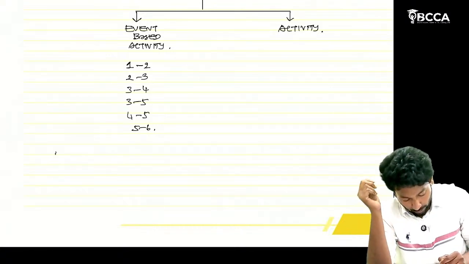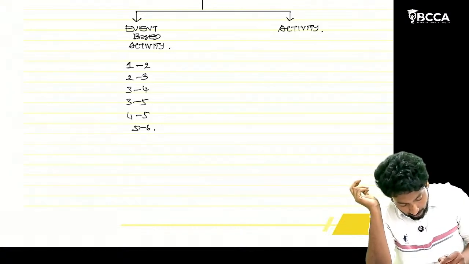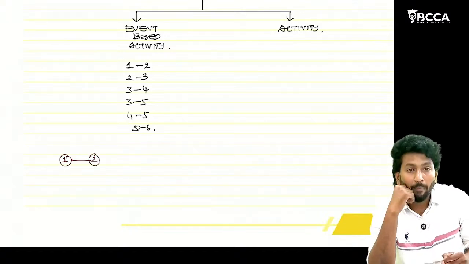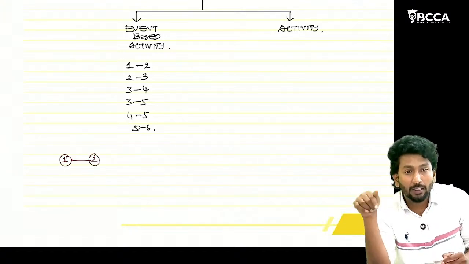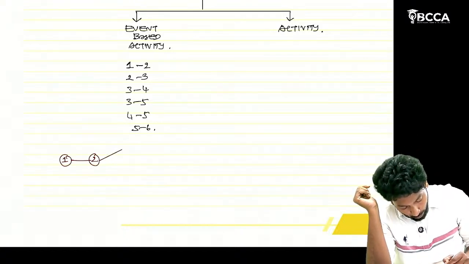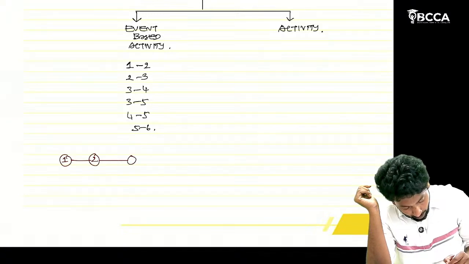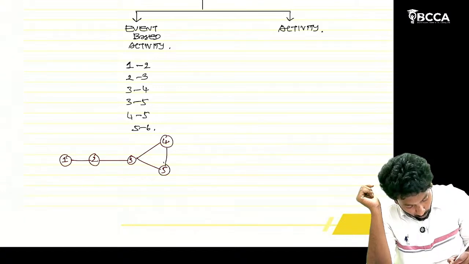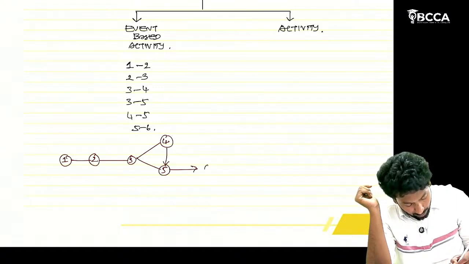The first activity, 1 to 2, is an activity; 1 is an event, 2 is an event. Then 2 to 3, 3 to 4, 3 to 5, 4 to 5, 5 to 6. That's it.